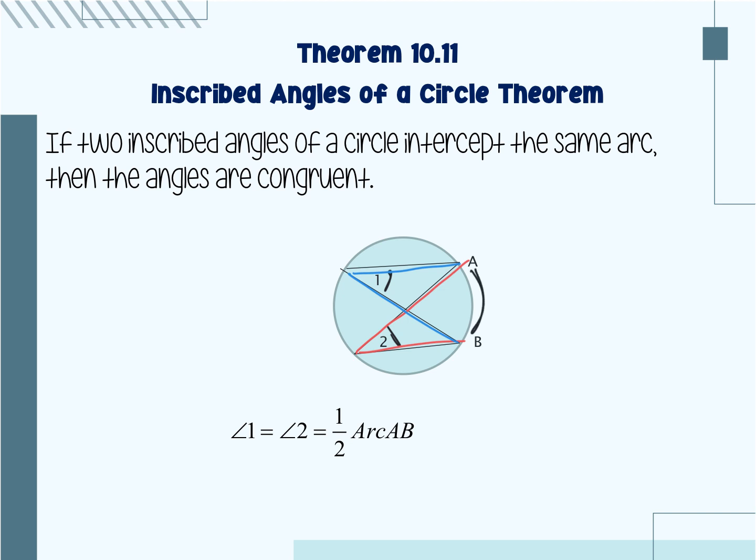So if you're able to find just one angle, you can set the other equal to it, because the angle will be half of the arc, like we learned in the other one. The vertex is at the edge of the circle and both are in the same arc AB. So you would solve for angle 1 and angle 2 by the same arc, which in this case is arc AB. So this is for both 1 and 2.